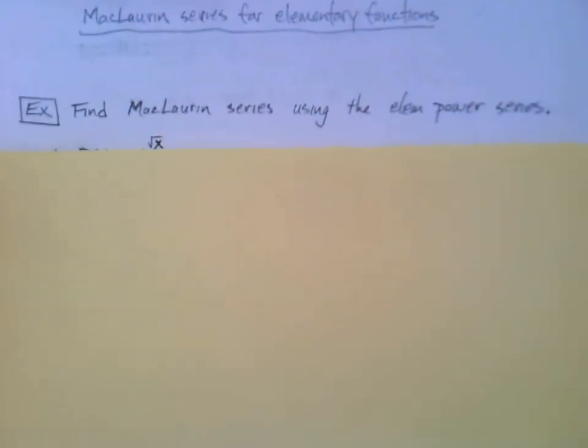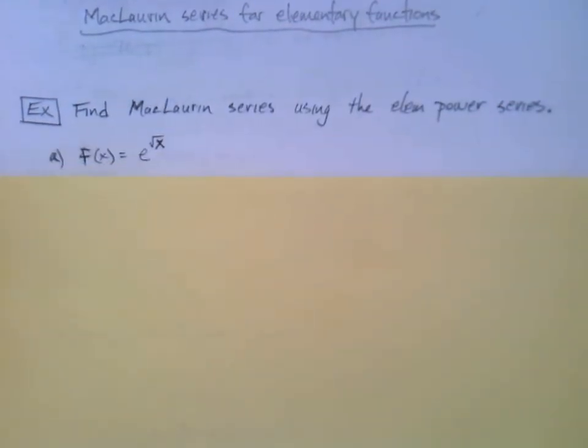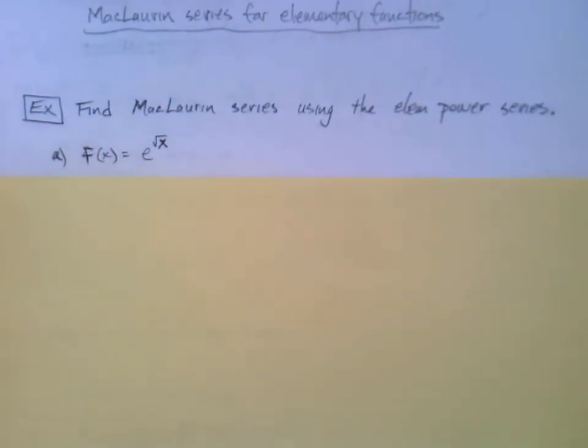We're going to look at 2 of them. What if we did a small adjustment to some of the things that we see in that list? So what if we wanted the Maclaurin series representation of f of x equals e raised to the square root x?